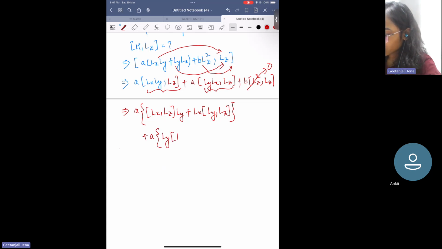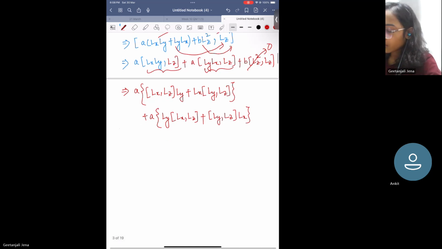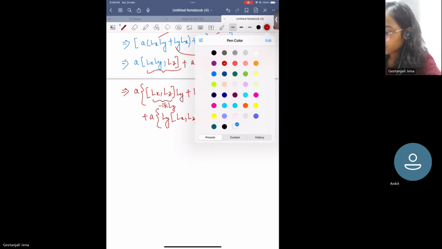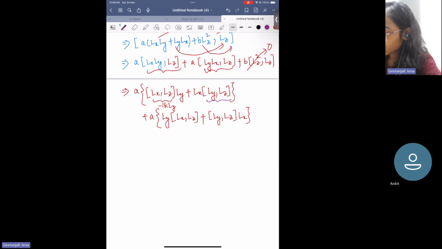It will become Ly [Lx, Lz] plus [Ly, Lz] Lx. The Lx, Lz commutation relation you already know is minus i h-cut Ly, and this one is i h-cut Lx. This is also minus i h-cut Ly, and this one is i h-cut Lx.